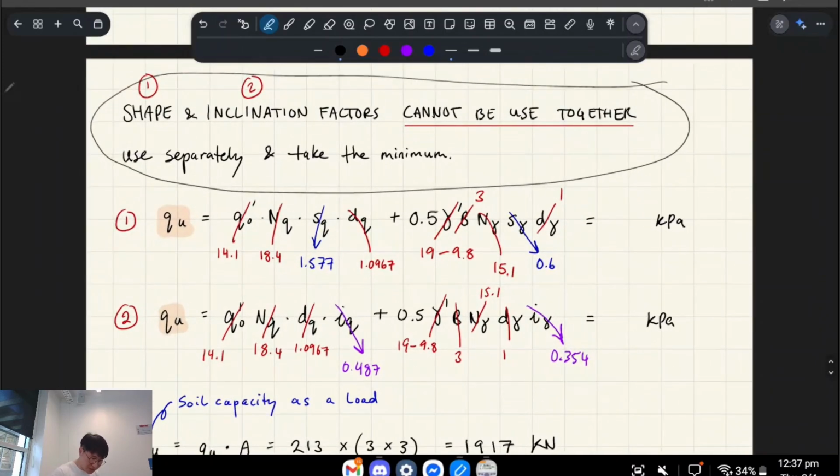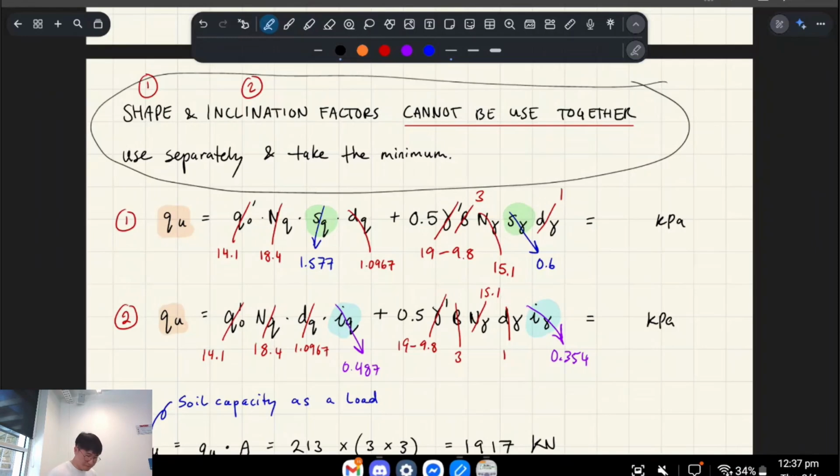Mathematically, what we're doing is looking at a case where you include S, and then, let's do that in a different color, a case where you include I, and we're trying to find the smallest version of both of them. Now this is like a tiny footnote in your big book of geotech notes, but it's super important, because if it's in your finals, you'll get the wrong answer if you multiply them both together.